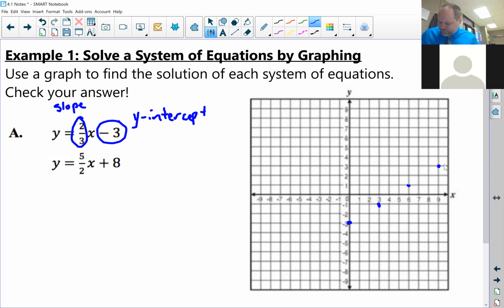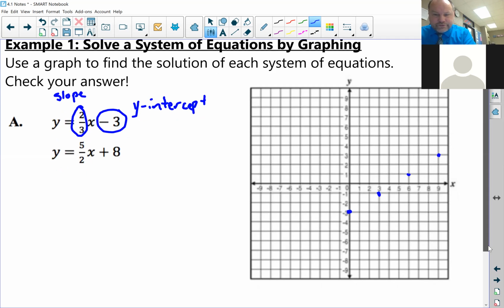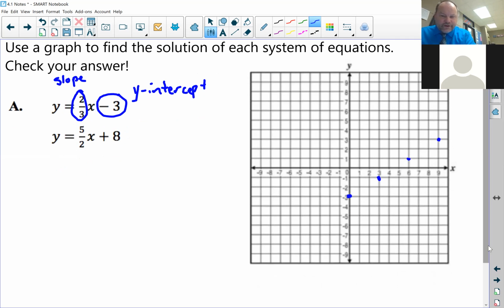Now, sometimes you won't have enough room. So what you'll have to do is remember that up 2, right 3 is the same as down 2, left 3. 1, 2, 3.